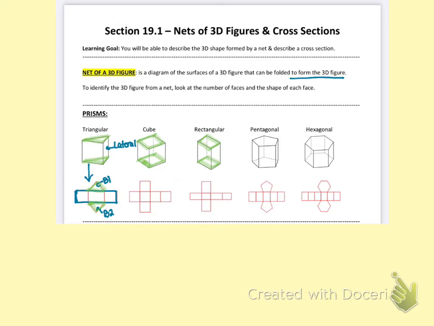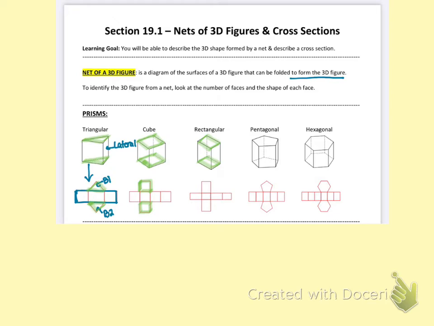Now there are lots of different ways to make a cube, but this is one of the really common ways. We've got 6 congruent squares, but 4 of them have to lie in one long rectangle. If we fold the top down and the bottom up so they're parallel, then we could wrap around those sides and create an enclosed figure.